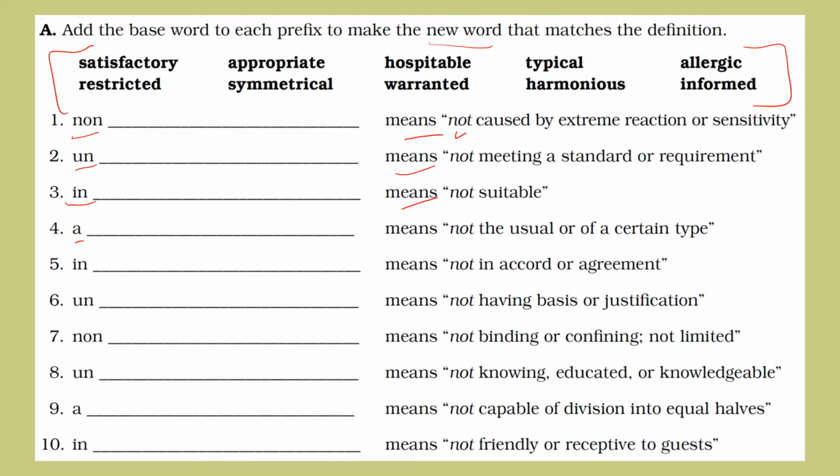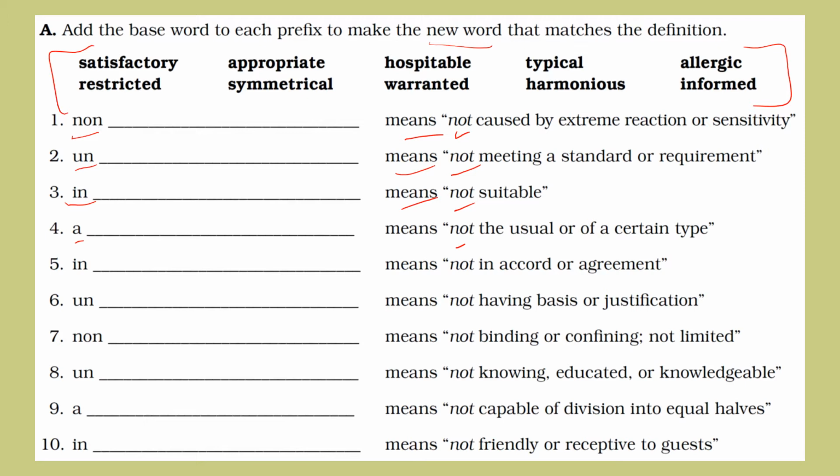As you notice, all the definitions start with not, negation, because we have the prefixes non, an, in, and a. All of them show negation, not or without. So I'm going to read the definition without "not" to see whether I know the word. If I know it, I will just add not to it and that's it.